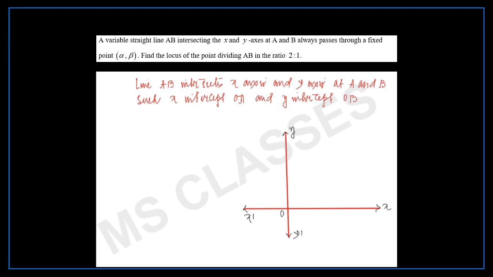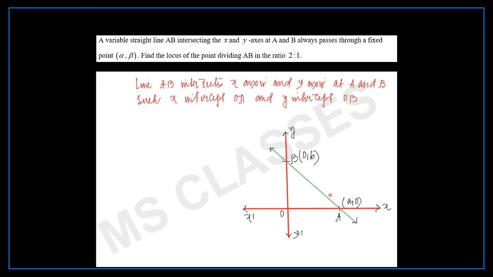Now here we have the line with x intercept as OA, y intercept as OB. So this is A comma 0, this is 0 comma B. So x intercept is A and y intercept is B. After that, the line is passing through a fixed point.